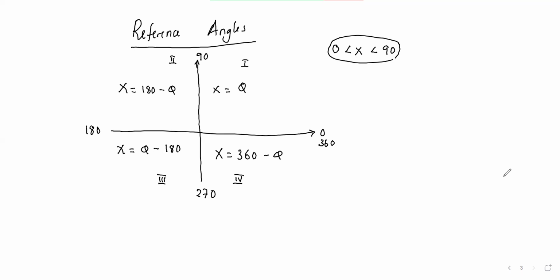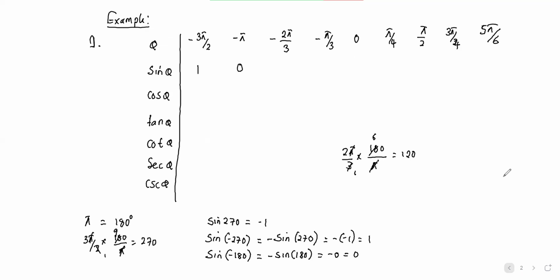So now we want to find the value of sine 120. But we don't know what sine 120 is. 120 is not a special angle. It's not on the table. So what do we do? We look at where we find 120.